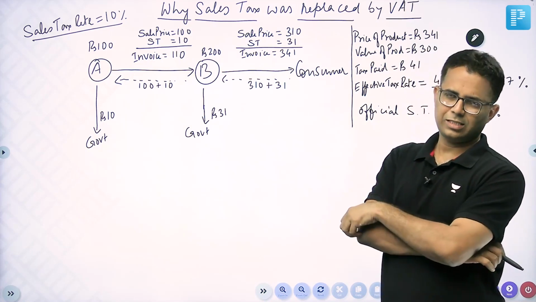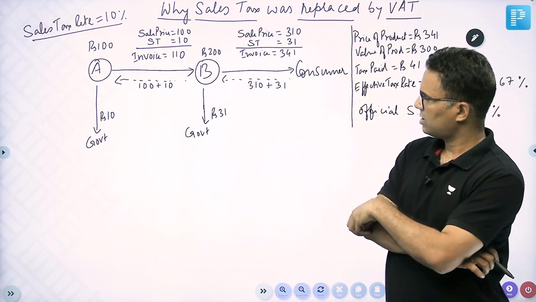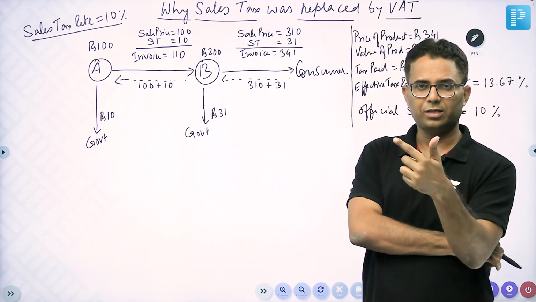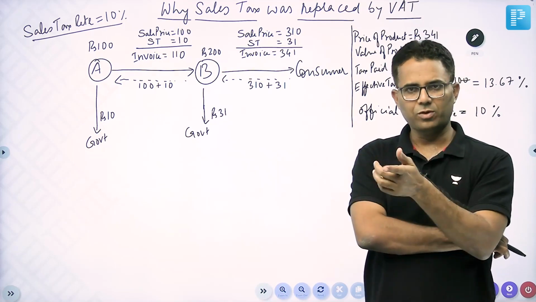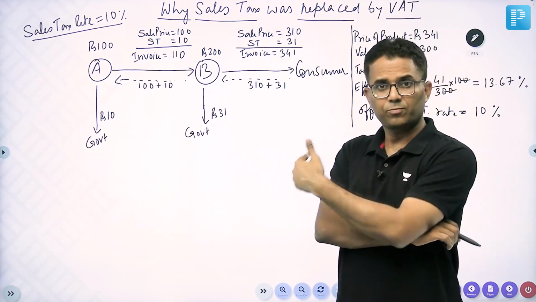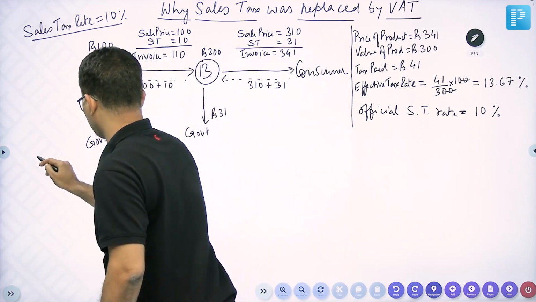Now let us understand how this problem got resolved in VAT, value added tax, and that's why sales tax was replaced by VAT. So let's take the same example in case of VAT.